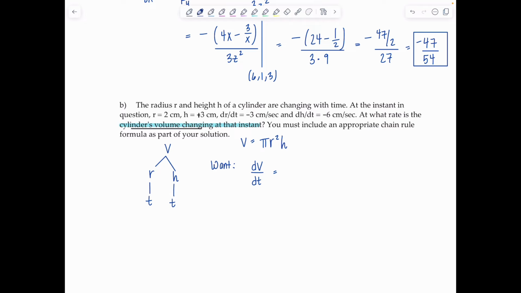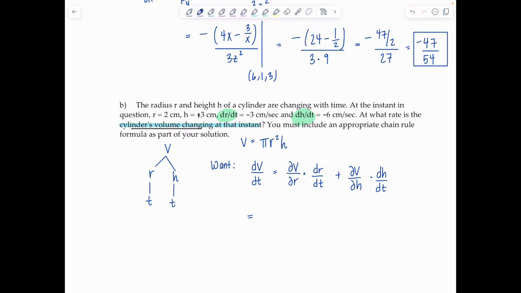To get there, we're going to take partial derivatives. I'm going to have del V del r times dr dt. Notice, these were not partials. I was already giving them a hint. Plus del V del h times dh dt. That needed to be clearly written. The dels need to look different than d's.